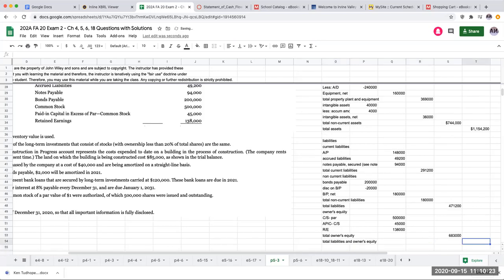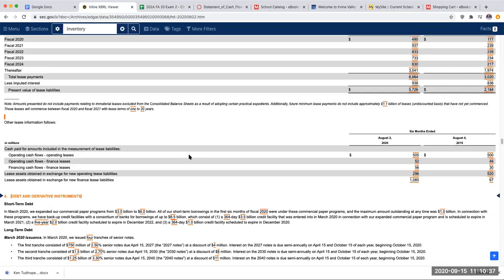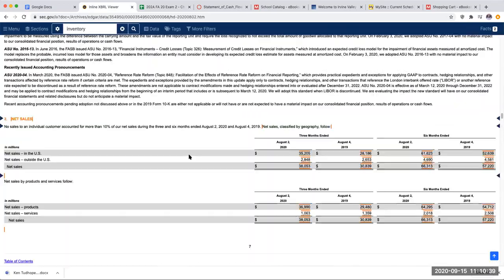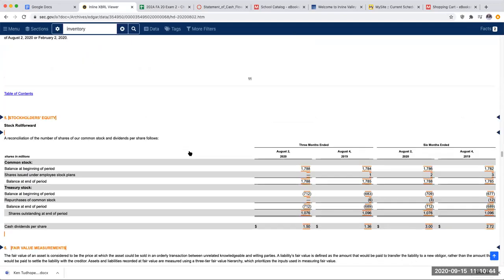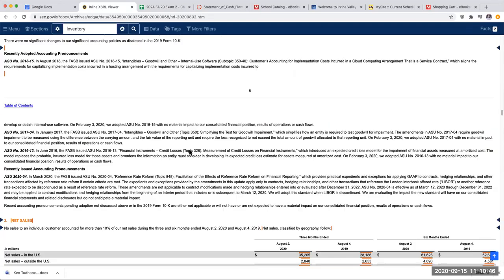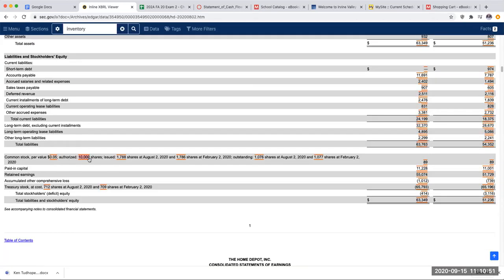Okay, so if we were really to be doing this in real life, the way I would want to construct a balance sheet is I would want to find a company that's similar to mine, so I could basically look at their balance sheet. And when we're talking about things like owner's equity, we want to be saying, okay, common stock, what's the par value? How many shares are authorized? How many shares are issued? And how many shares are outstanding?